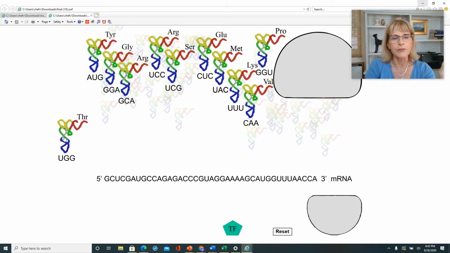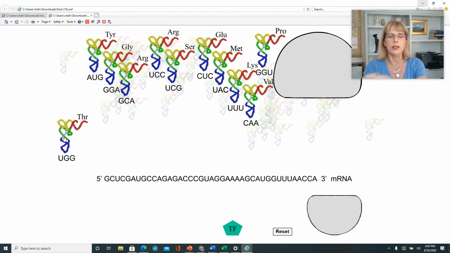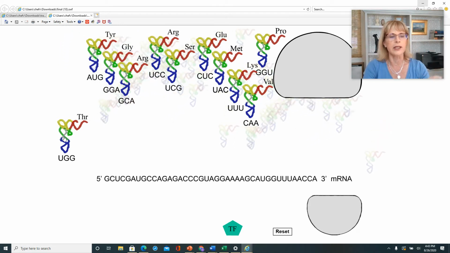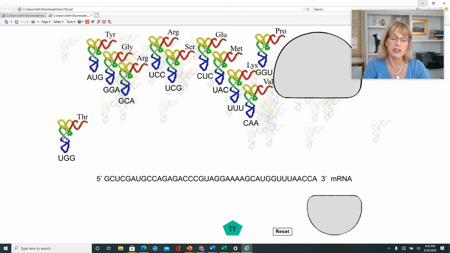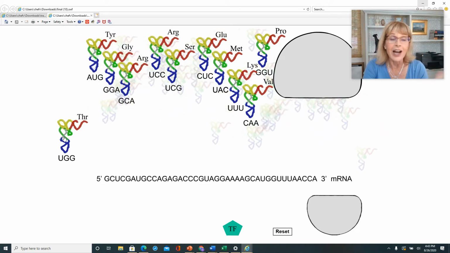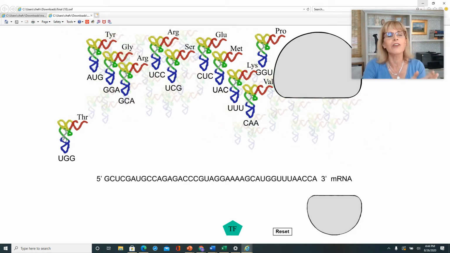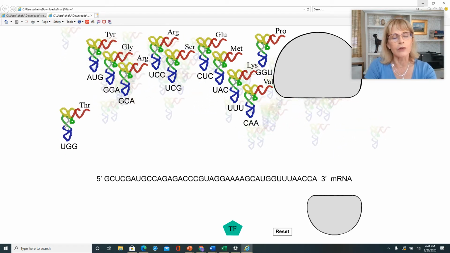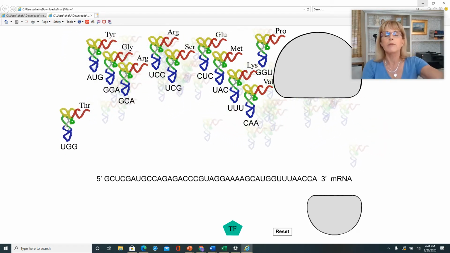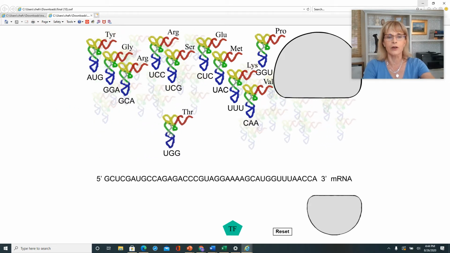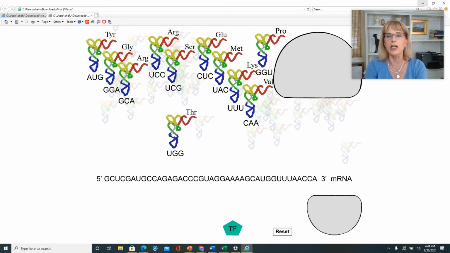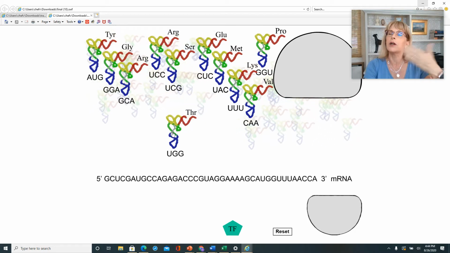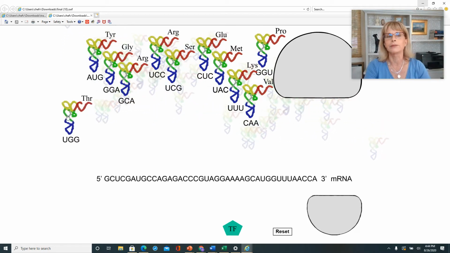Now, the codon for threonine is ACC, right? You don't have to memorize that at all. I haven't memorized that. How did I know that? I know that the codon for threonine is ACC because the anticodon here in our transfer RNA is UGG, and UGG would be the complement for ACC, right?